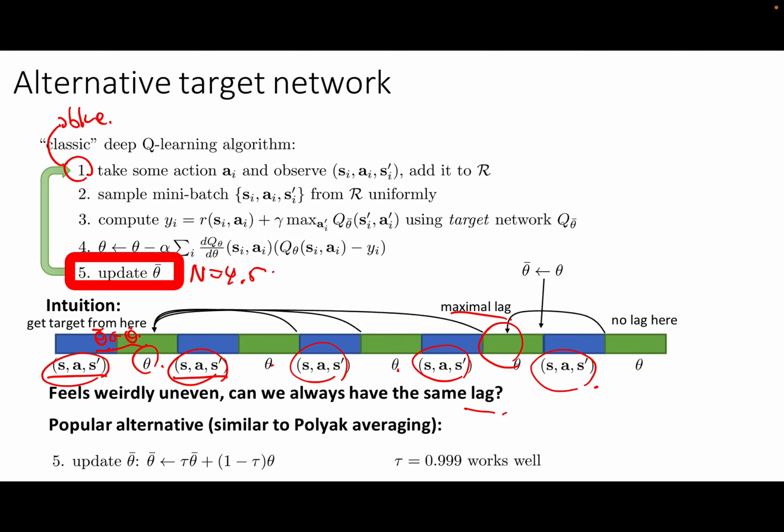Theta bar is at this checkpoint, but theta is here. So after many update iterations, there is a maximal lag, a maximal time difference between theta bar and theta. And here, we again update theta bar with theta. There's no lag here. We repeat this, right?